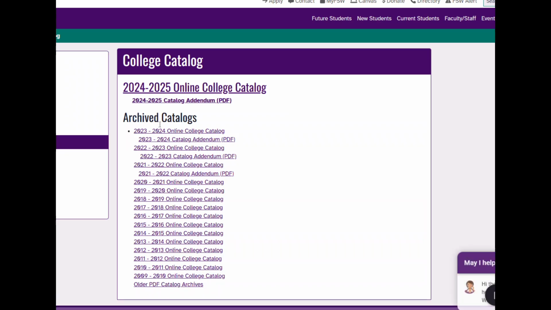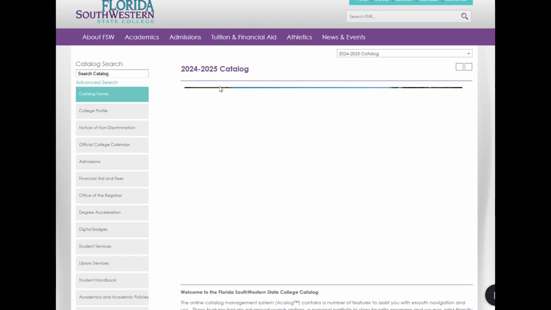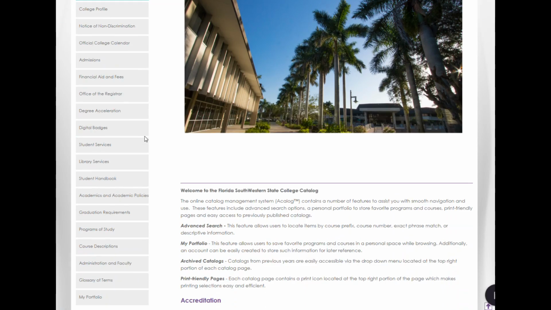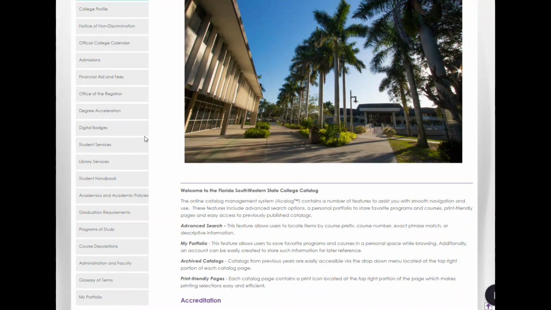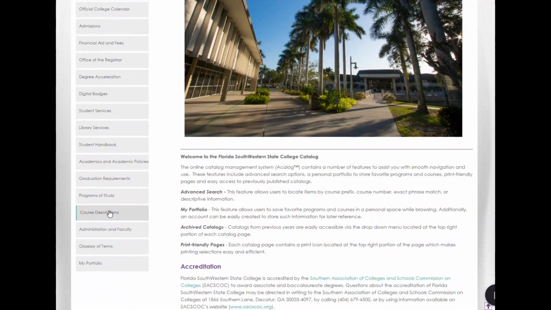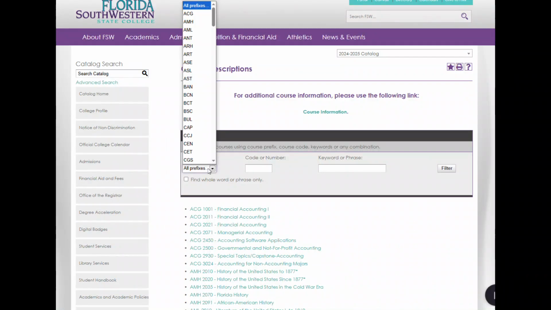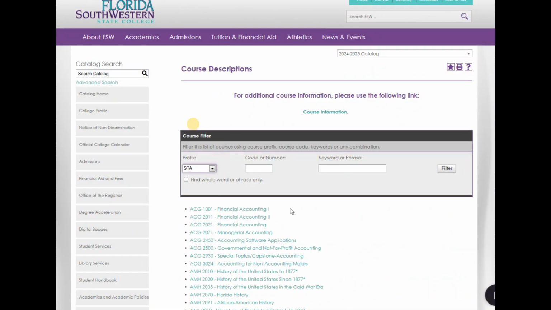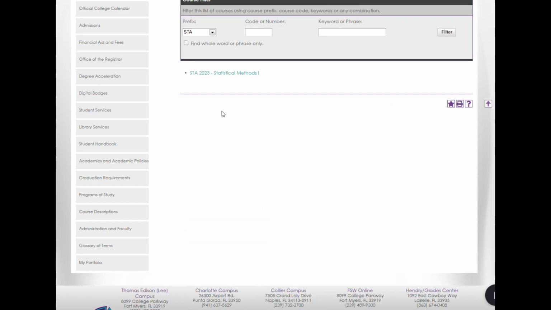If you go into your college catalog, there is a college catalog for this year. On the left side, if you do course description, and prefix is STA, and just hit filter, you'll probably see one class.